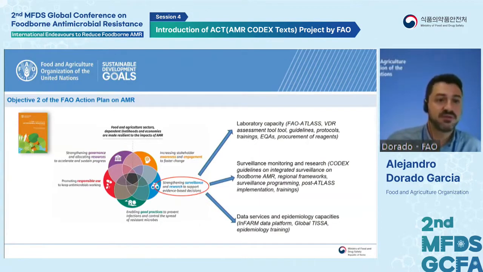There has been generation of data over the last years, and now we are trying to focus on how to utilize this data, how countries can use the data for generating evidence and to assess their interventions. That's why we received the mandate to start the development of the InFARM data platform, which I'm going to talk about later, and also the development of TISA.